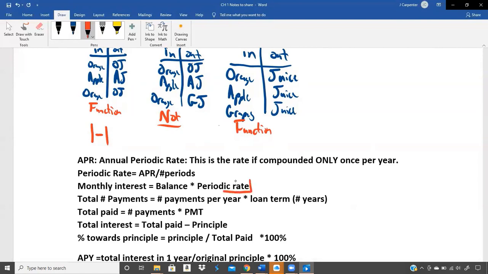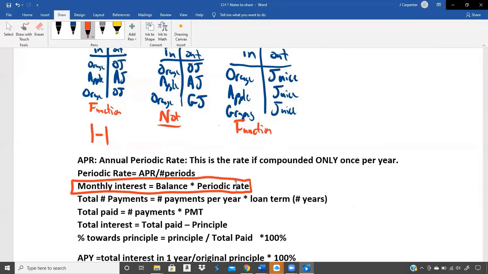This right here is an extremely important concept that is not just for this: we can find a markdown or a markup. A markdown is a discount, a markup is extra money you pay. Or we can find a commission. We can find all sorts of things based on this simple formula, a dollar amount times its rate.